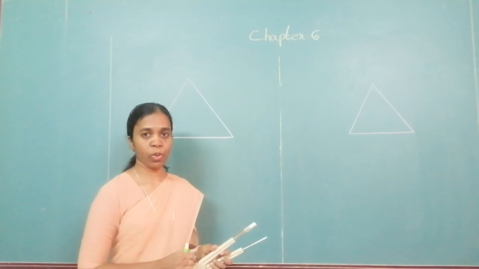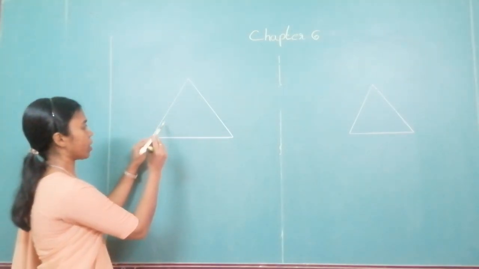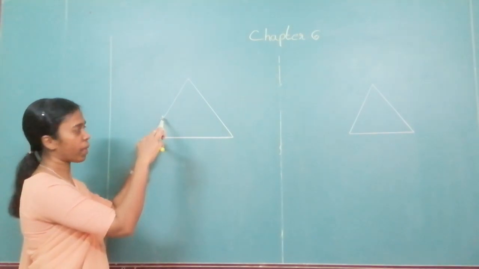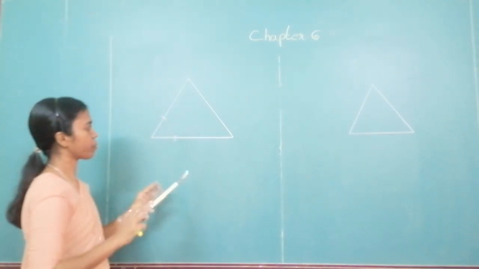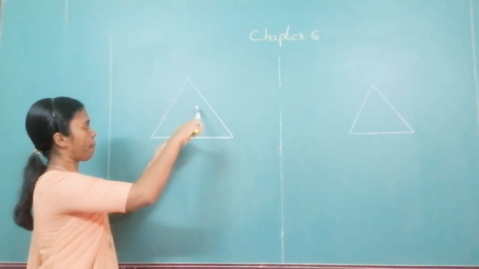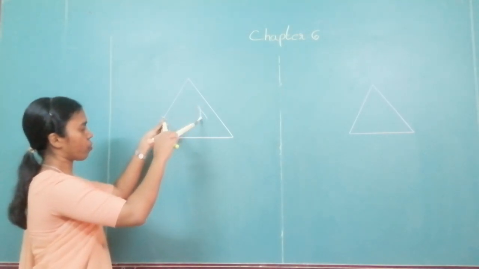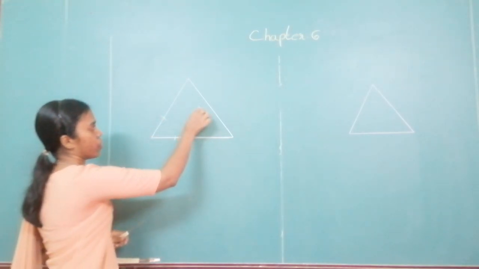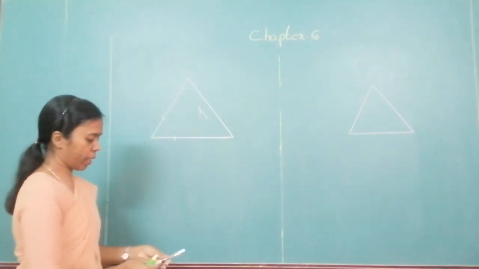So let us see how to construct it. We have to draw the angle bisectors, and I suppose all of you know how to draw them. We draw the arcs, get that intersecting point, and join that.